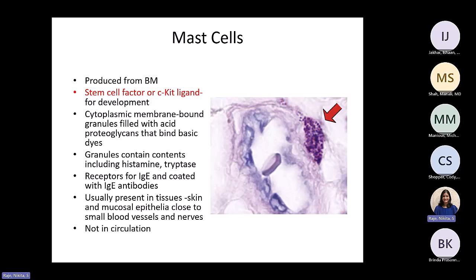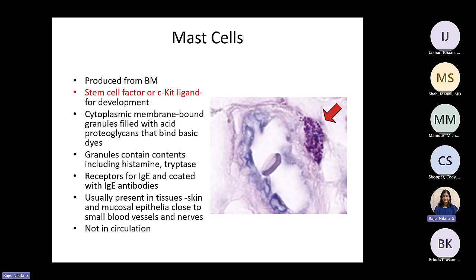So the cytoplasm has these preformed membrane-bound granules that contain various proteoglycans. And so usually these cells are present more in the tissue rather than in the circulation. They are close to the neurovascular bundle.